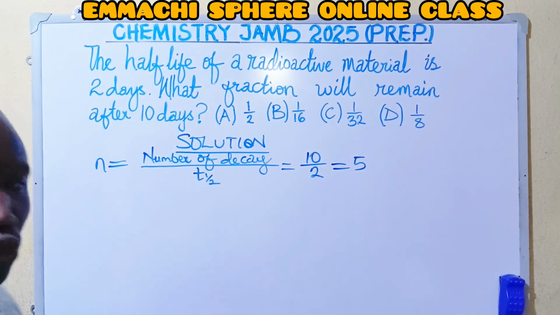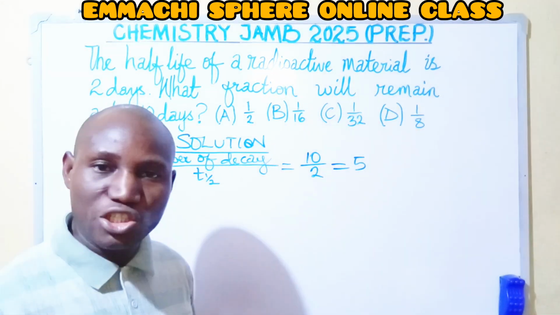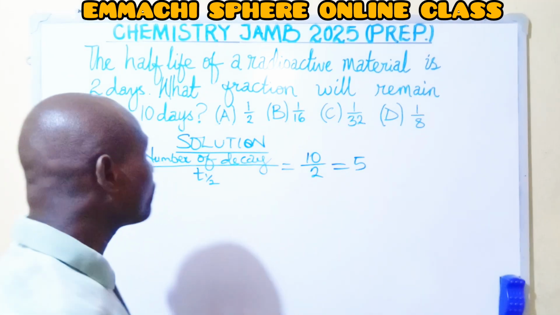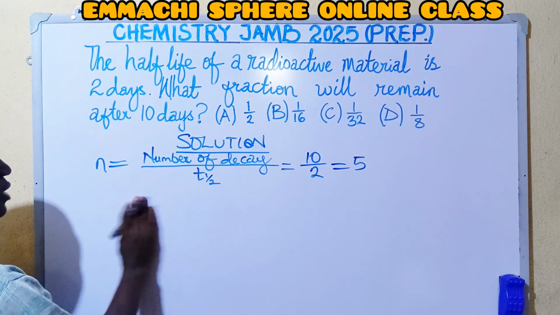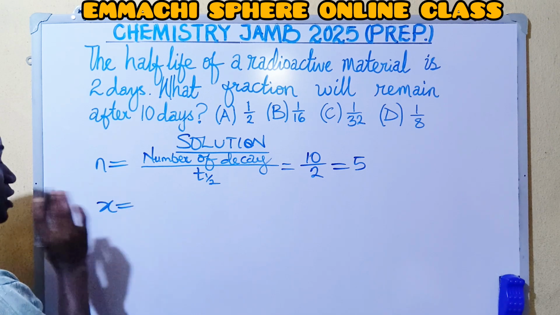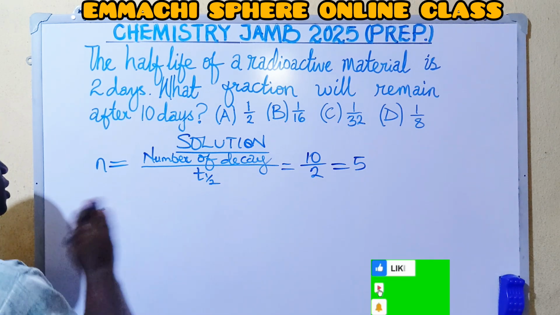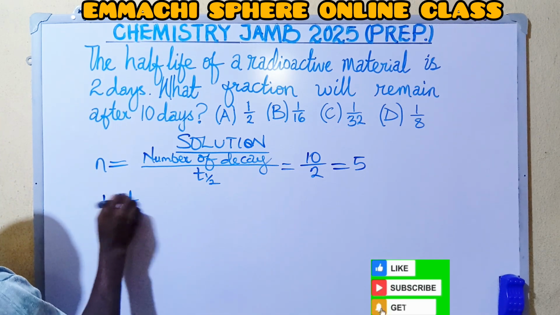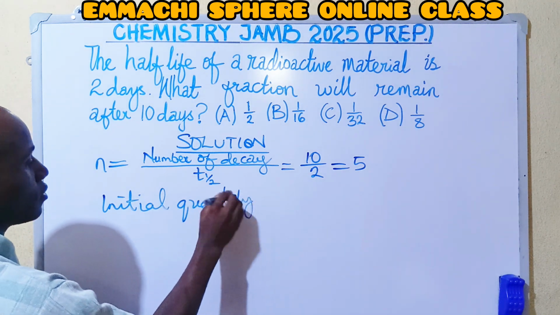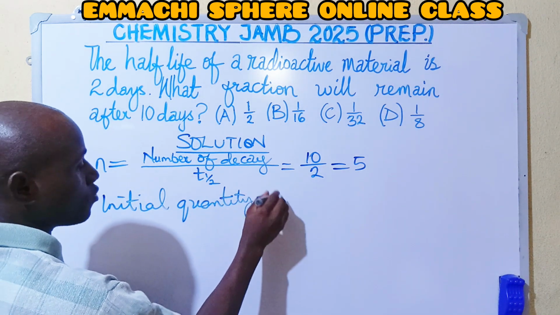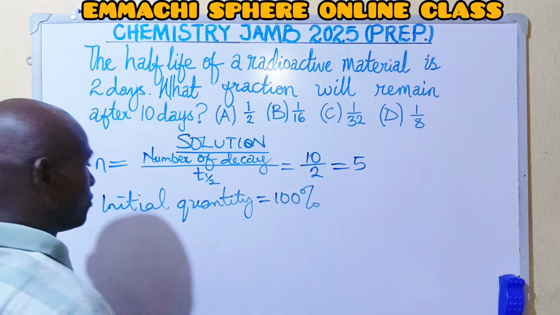Now let's assume that the original or initial quantity of this radioactive substance is 100%. The initial quantity is equal to 100%.